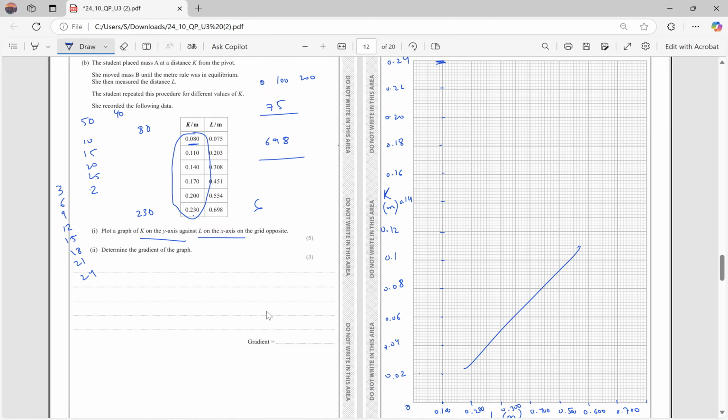We could also have used the scale of 3, like we could have started from 0.03. I'll remove these points. I don't know why I put them there instead of putting them here.